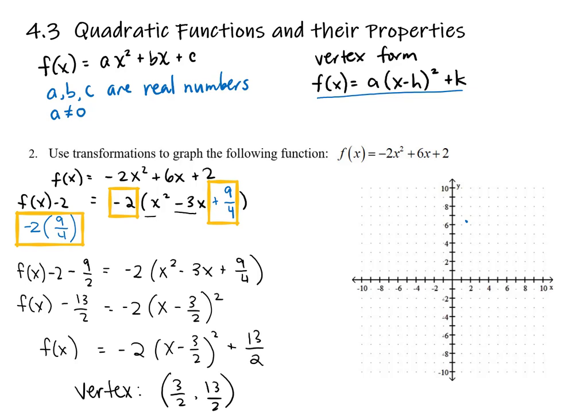Now my graph is going to be pointing upside down. We do know that the y-intercept, if I plugged in 0 for all of this, would be 2. And so that would also give me a point right here. And so there we go. We graphed the function.